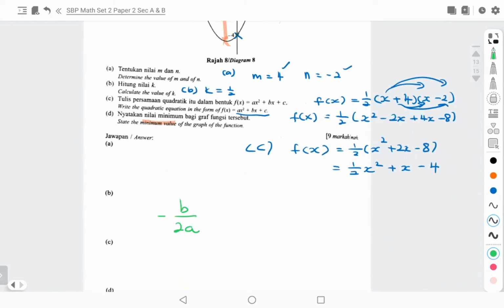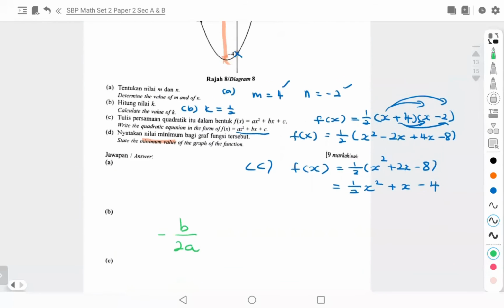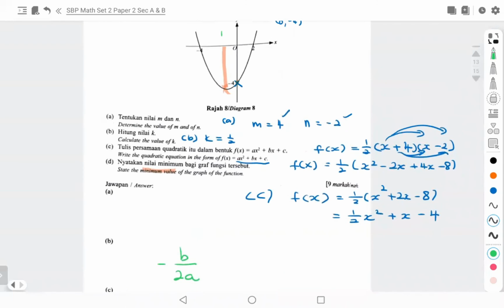If you use this, you can find the axis of symmetry, which also gives the x-value of the minimum point. Answer is -1? No, you have to use the formula. You have to substitute, because we're not sure what the value is at the minimum point.